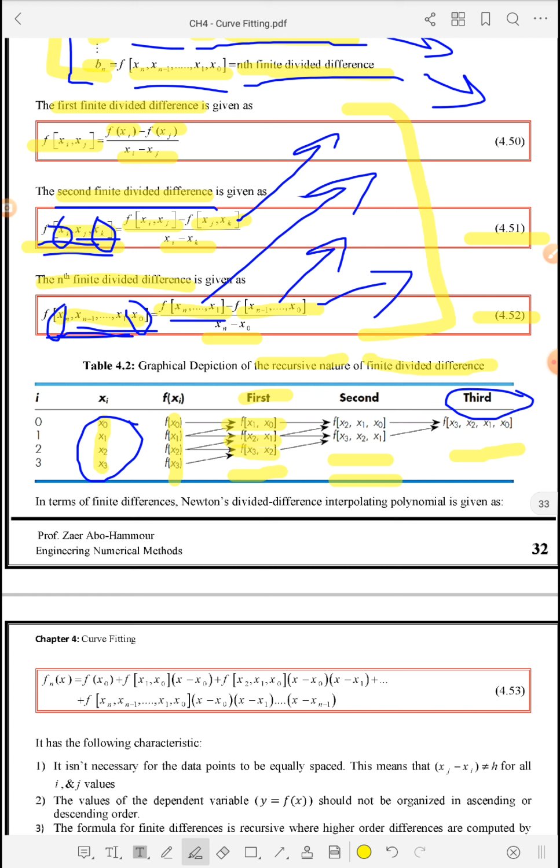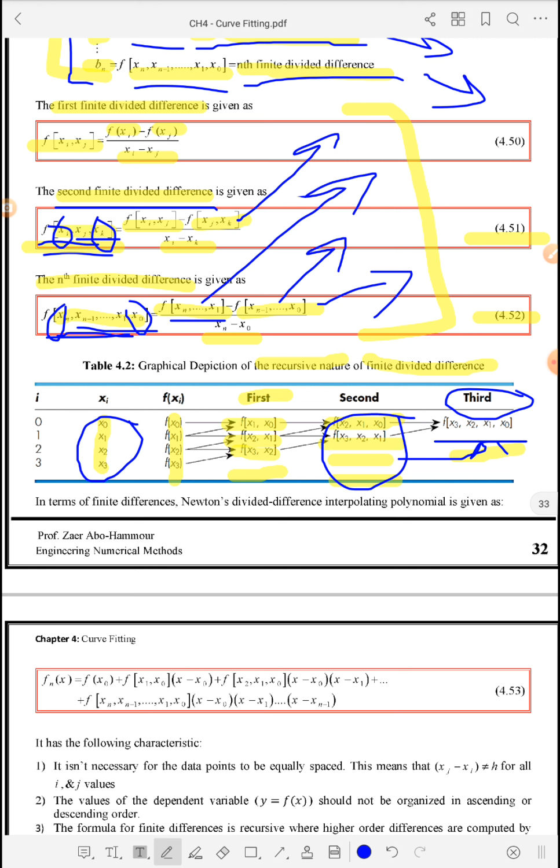Based on those, we calculate 2 second order divided differences: f of x2, x1, x0, and f of x3, x2, x1. And based on those 2 second order divided differences, we have a unique, single third order divided difference that utilizes all of the data points from x0 till x3.